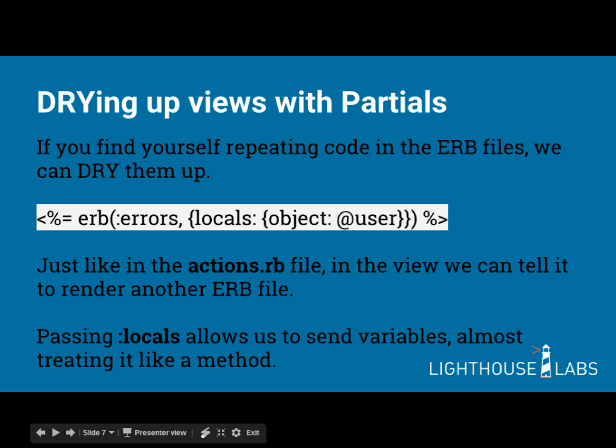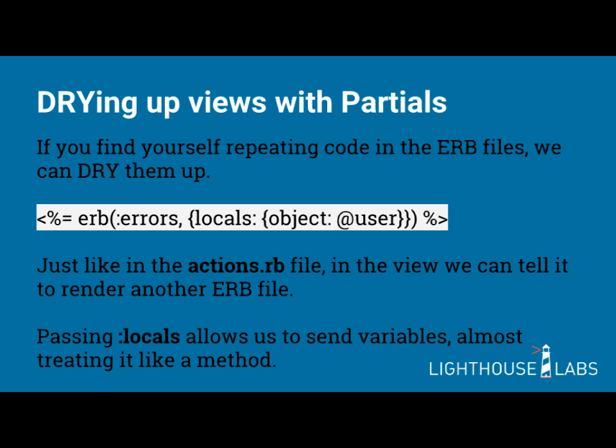Okay, so last but not least, before we get to the good stuff, the actual demo, we were talking about our views. And we're always insisting that you dry out your code. Don't repeat yourself. And that's true of views as well. One common sequence of embedded Ruby that you're often going to see is error reporting. So, you're creating a new post or you're creating a new user.